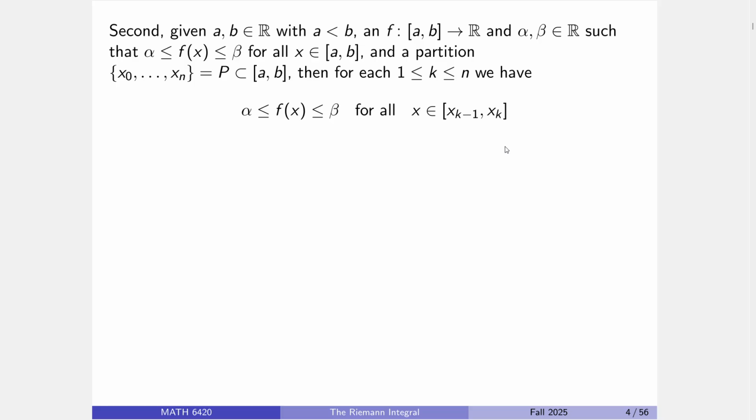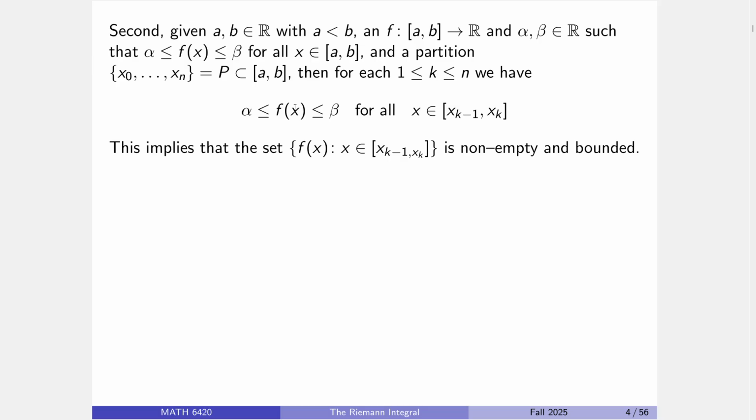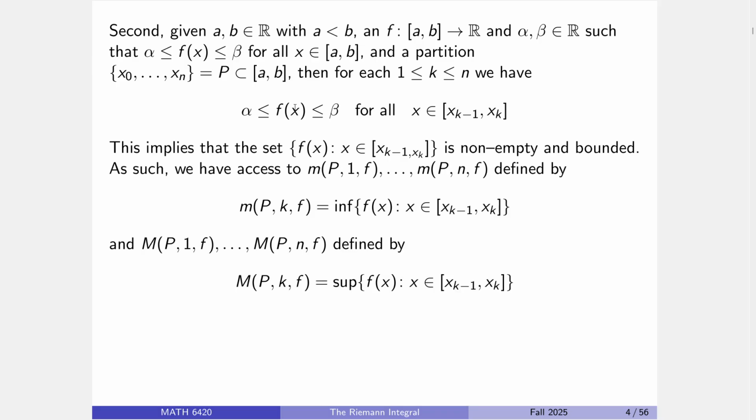If I have a function with a lower and upper bound, then for each partition and any subinterval, the function is bounded on the subinterval. That means there's a lower bound for my function and an upper bound, which means I have access to an inf and a sup. So this set is not empty and bounded. And we'll give symbols for those, and here's where the notation starts getting great.